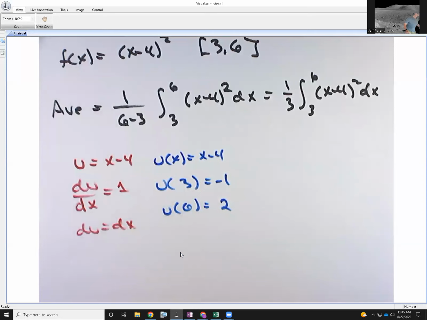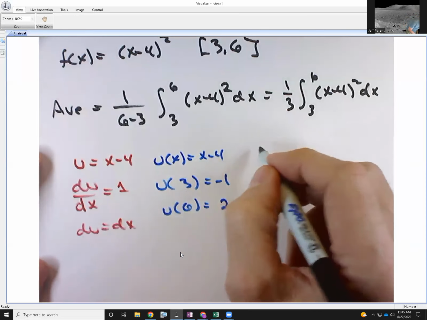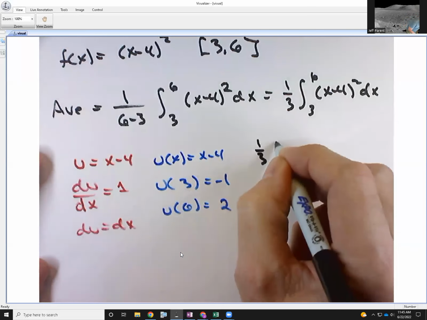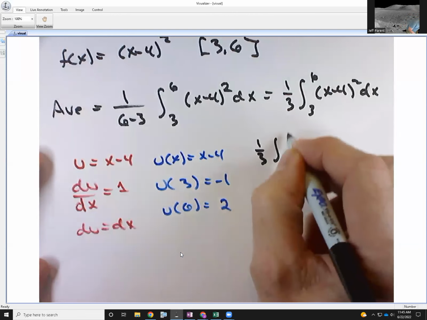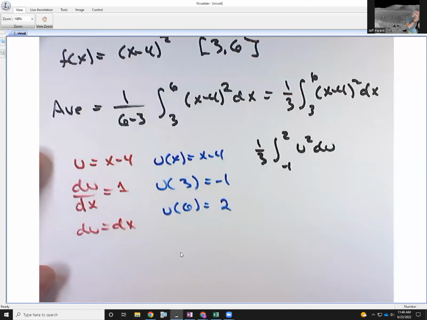And okay, I'm in good shape now. I can change my limits of integration. I finished the substitution here. So it's going to be 1/3 the integral from -1 to 2 of u squared du. Okay.